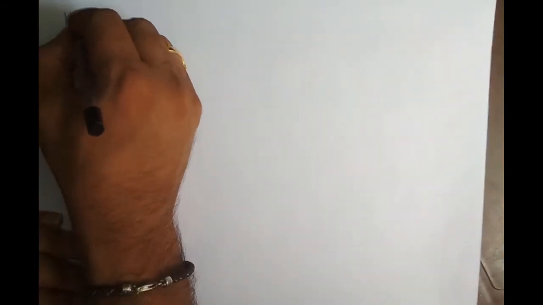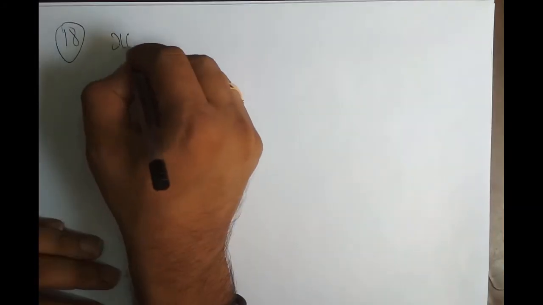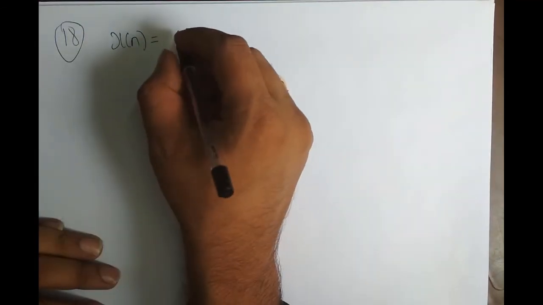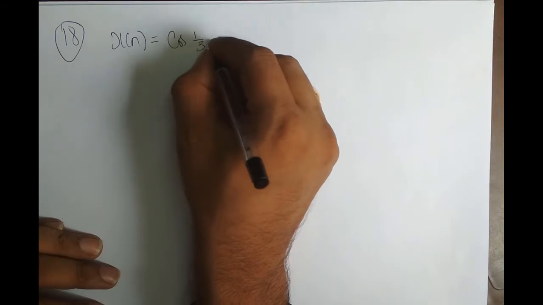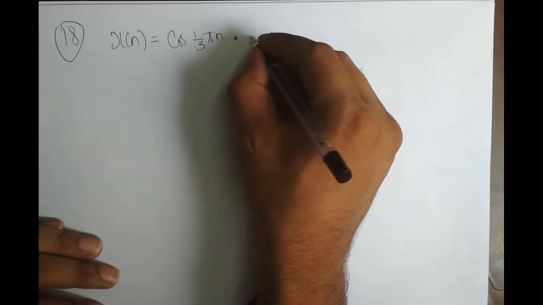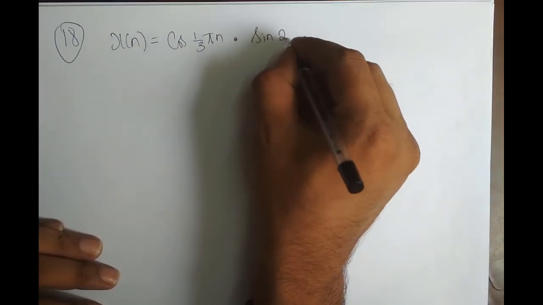So I'll take one last problem, problem number 18. X of n is equal to cos of 1 by 3 times pi n into sine of 2n.